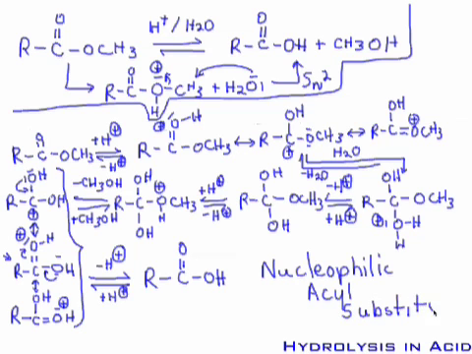So once again, we're confronted with the competition between SN2 as a possibility or nucleophilic acyl substitution. We can use isotopic labeling. Once again, label the water. If we do that, we make water oxygen 18, track where the water ends up. In the SN2, it ends up in methanol.